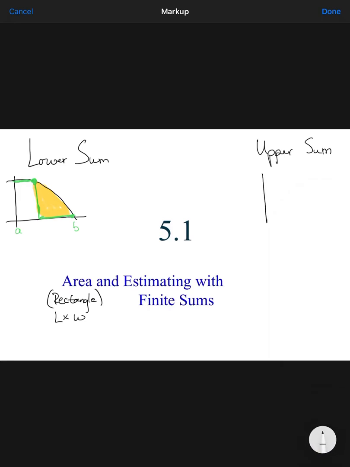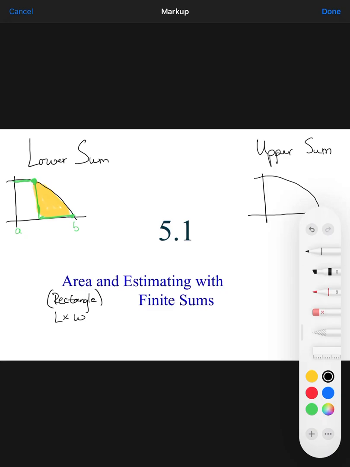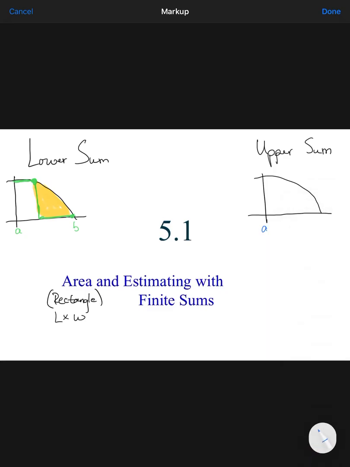Now let's take this over to upper sums. Again, let's say you have a curve. We're going to do a concrete example in a second. For upper sums, we have this interval again from A to B. Upper sums start with the far end there.